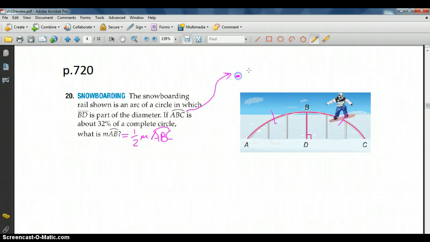If it's 32%, take 0.32 times 360, and you would get 115.2. So 115.2 degrees. But we only want half of that.